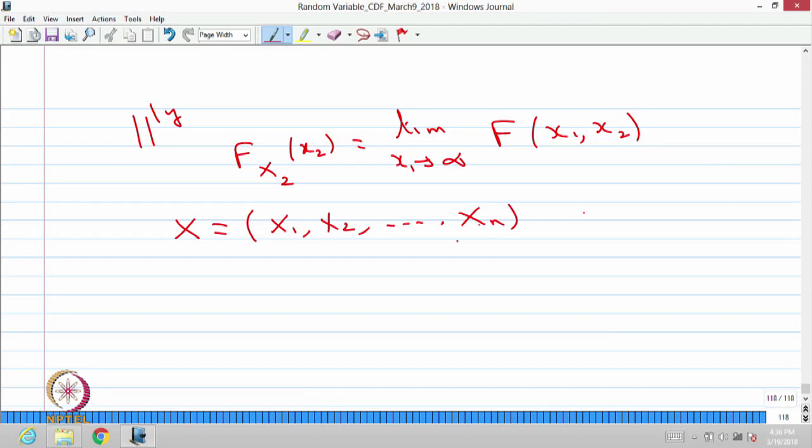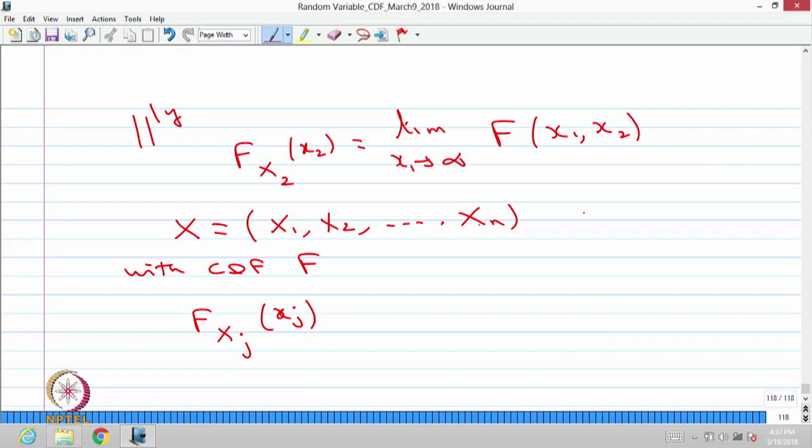Instead of again and again writing an n-dimensional random variable, I can write capital X with the CDF capital F. That means F also has n variables. Then we can find the CDF of any one random variable. Suppose I want to find the CDF of the jth random variable.